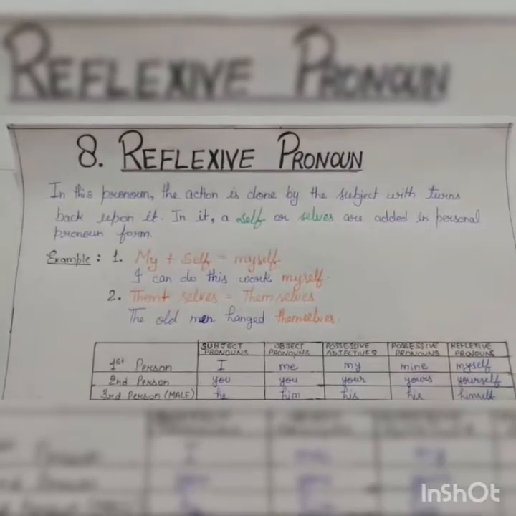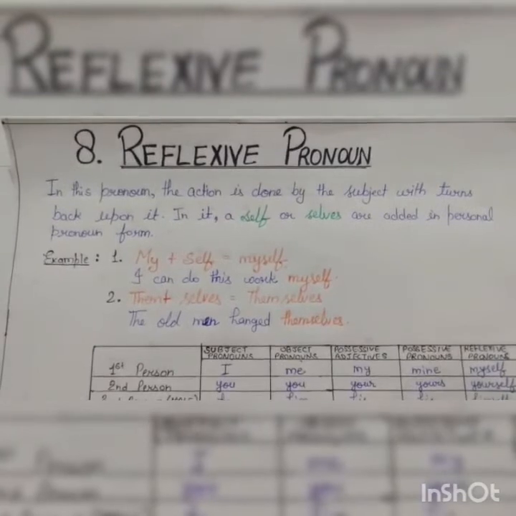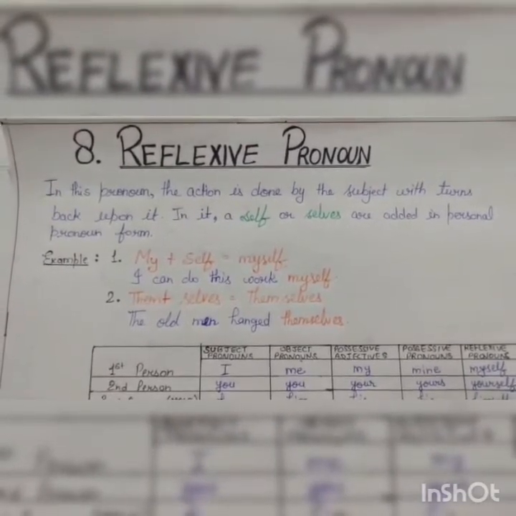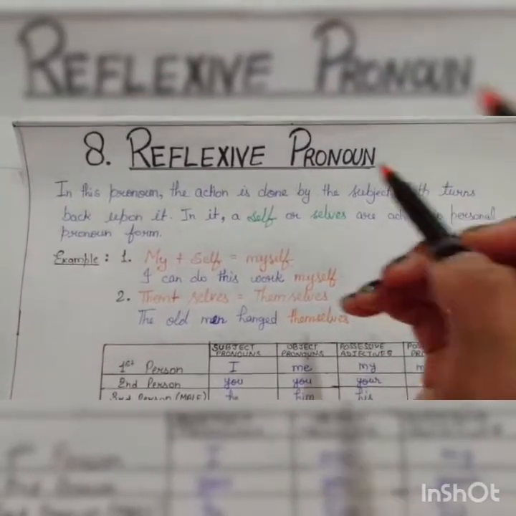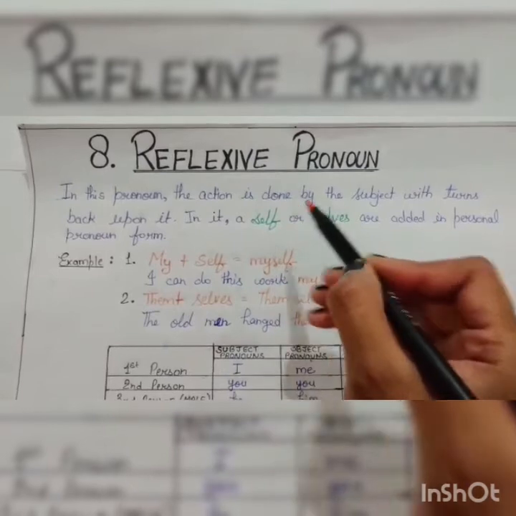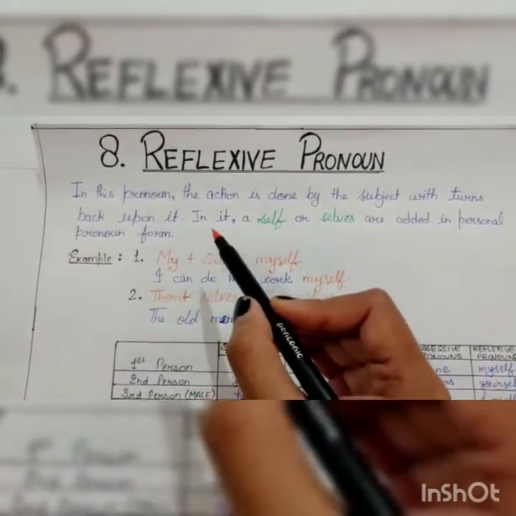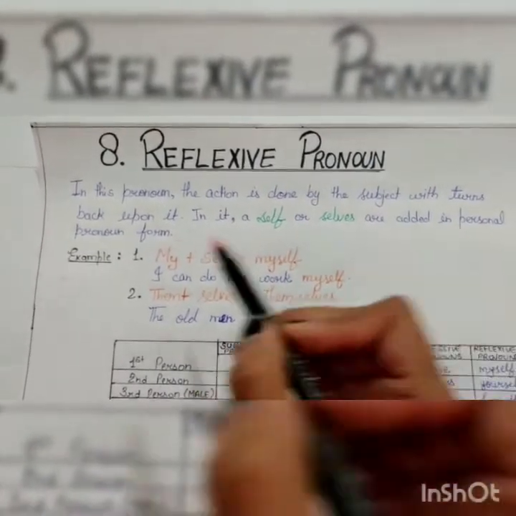The last type and the most important pronoun is the reflexive pronoun. In this pronoun, the action is done by the subject, which turns back upon it. It means in a sentence an action is done by the subject, and it turns back upon it. In this, self or selves is added with the personal pronoun.